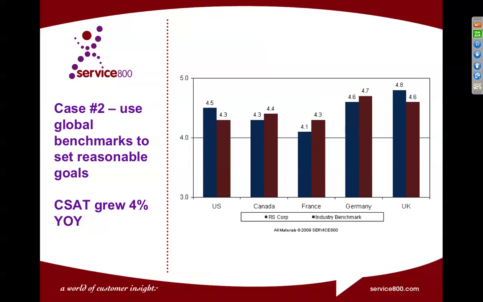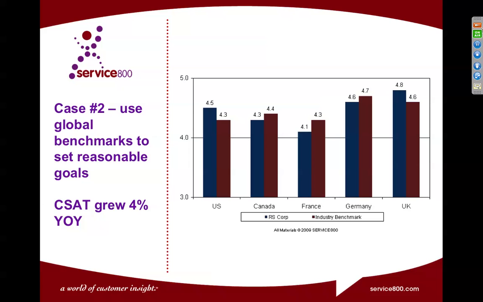Only when that organization started to compare its regional performance to a benchmark of the services being delivered in those various geographies were they able to understand that by setting more reasonable goals, bringing the customer satisfaction, in this case response time, to levels that more closely compared to the benchmark, they could accomplish a change.